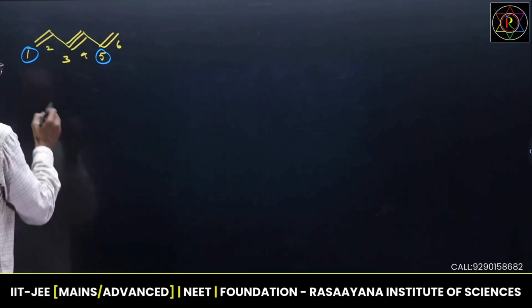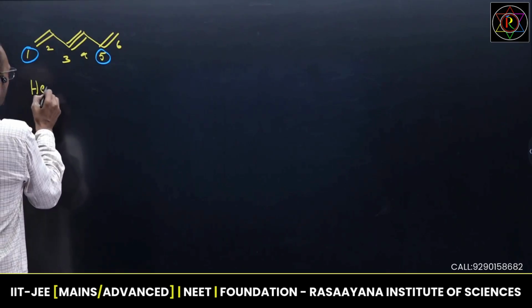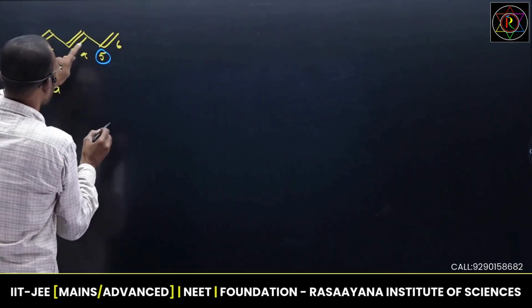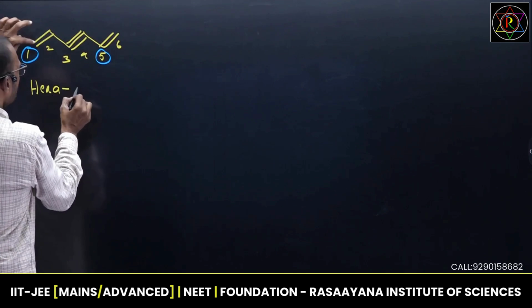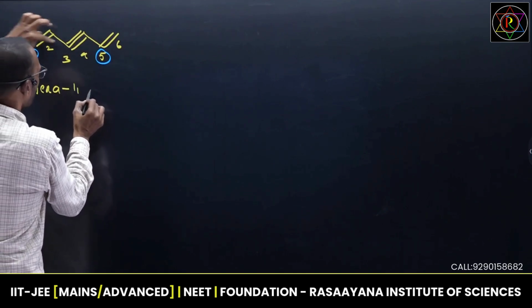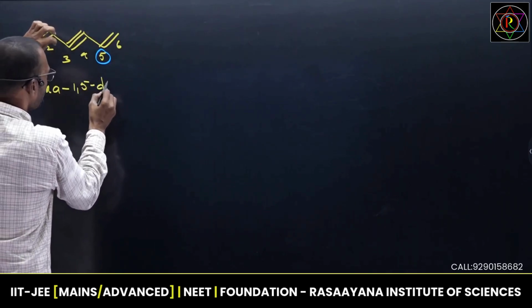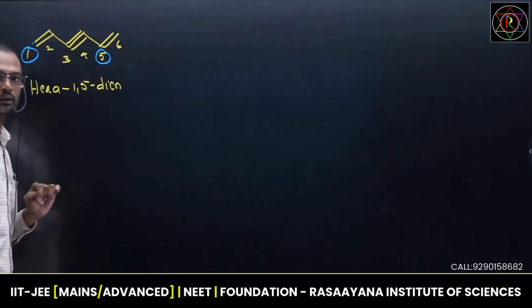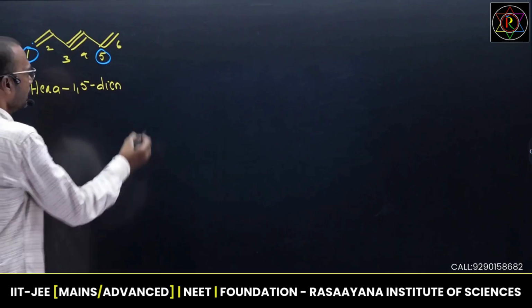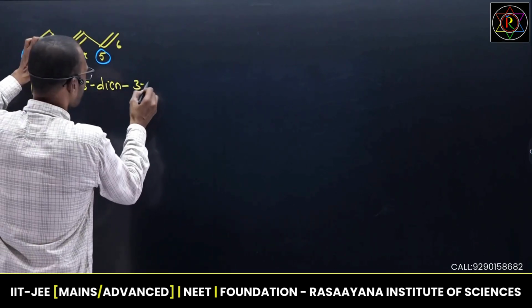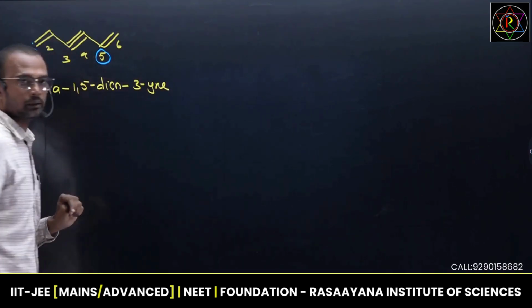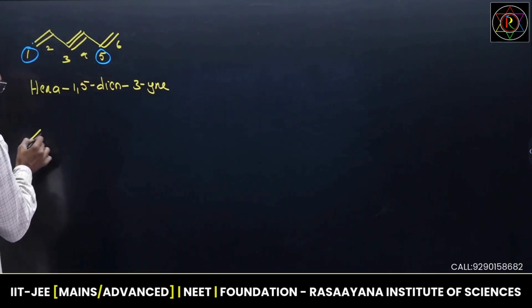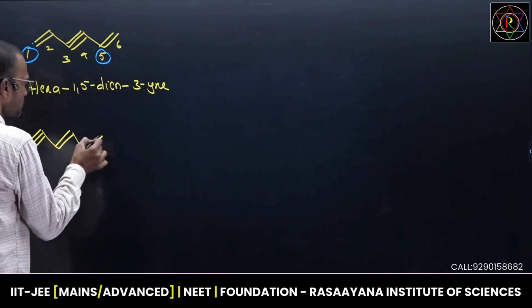So now you can say, this is hexa. I am writing hexa because 2 double bonds are present. Hexa-1,5-diene. Don't write ene, only en you should write. Diene, then end with 3-ine. Suppose 2 triple bonds are present and 1 double bond is present.